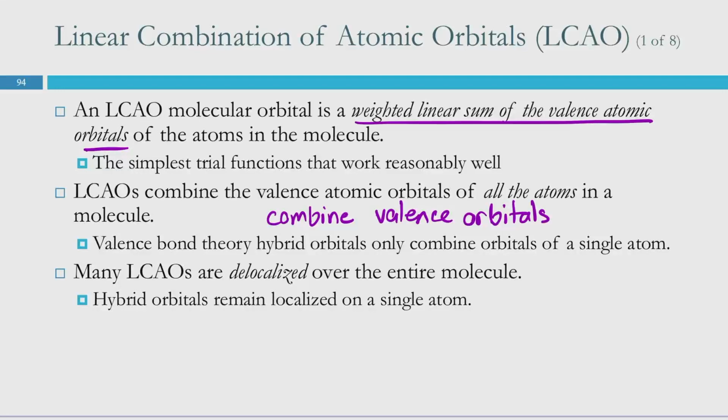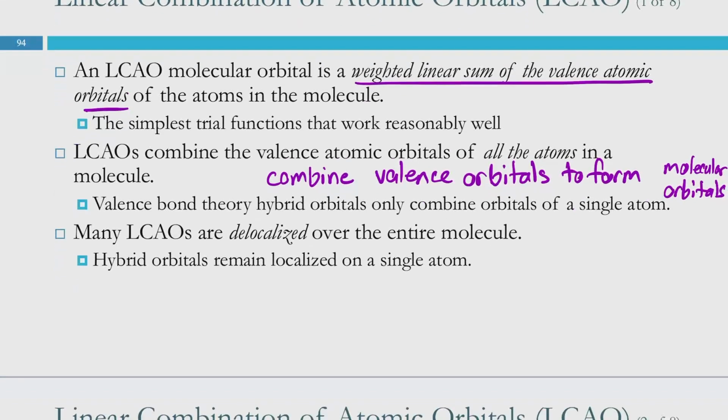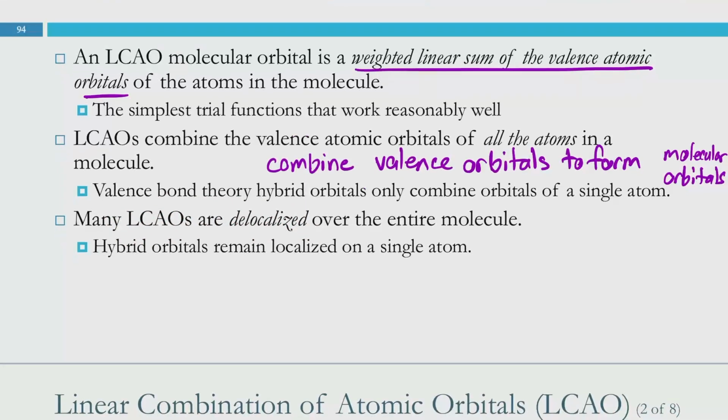So we're combining valence orbitals to form molecular orbitals. We'll see what these diagrams look like in just a sec. Couple slides. So LCAOs are often delocalized. This linear combination of atomic orbitals get shared along the entire molecule versus our hybrid orbitals that stayed just on our central atom.